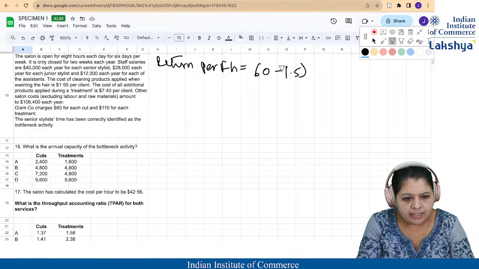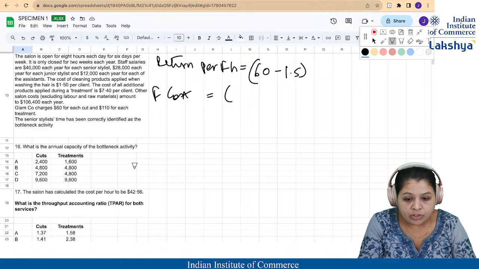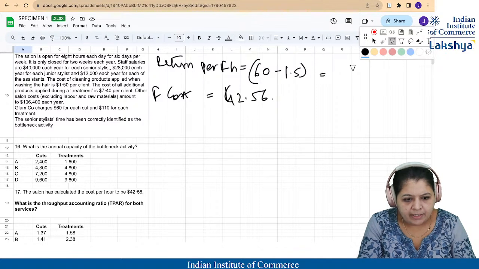So I'm just going to take that. That is my return per hour. And my factory cost is going to be direct material and labor, right? Which is already given in the question, which is 42.56, right? So I just needed to find out my return per factory hour, which is 58.5.